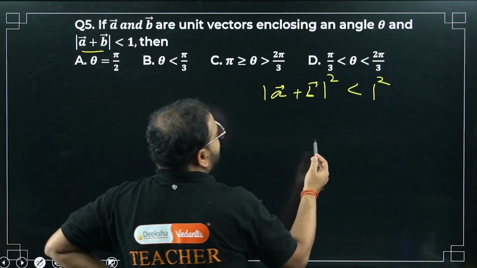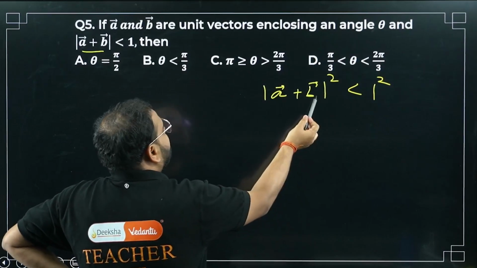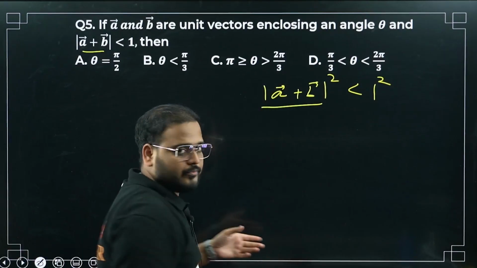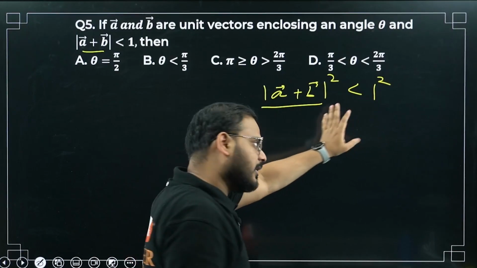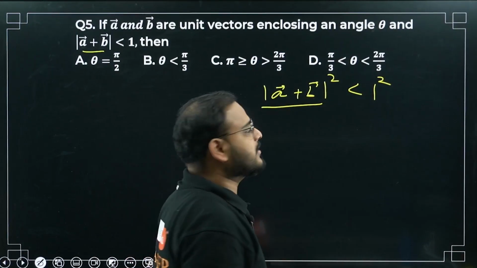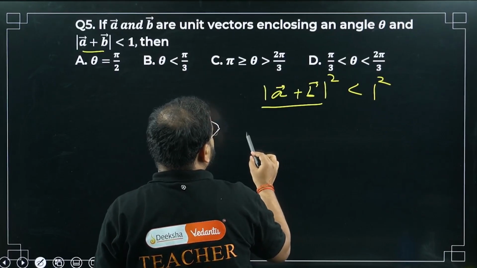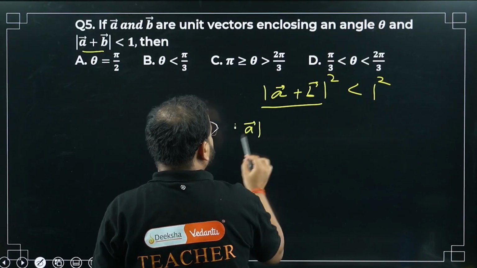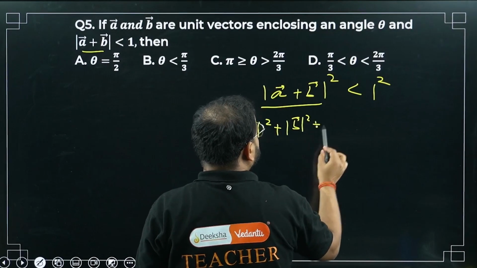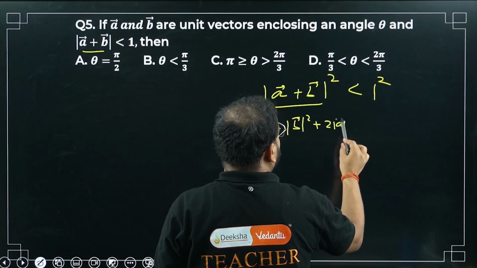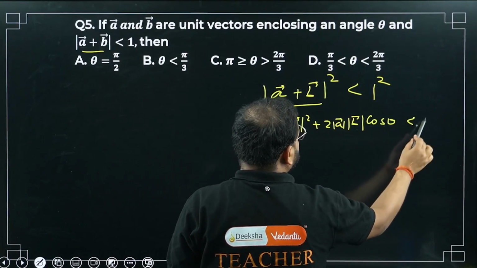Please check. What is this value actually? It is a positive value, less than 1. If you square it, it will remain less than 1 only. So if you write this, you get plus 2 times A times B cos theta, less than 1.